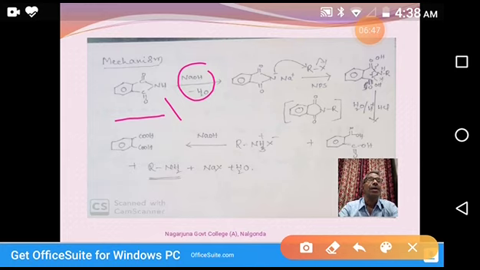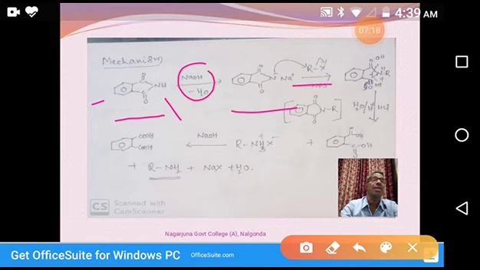The N minus ion formed is stabilized by resonance. Whenever an ion, maybe a cation or anion, is formed as an intermediate and it is stabilized, we can say it is a stable intermediate. This shows that phthalimide is acidic in nature. After losing the proton, it attacks the alkyl halide.